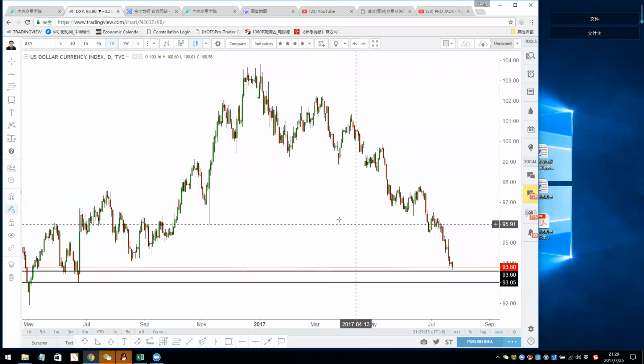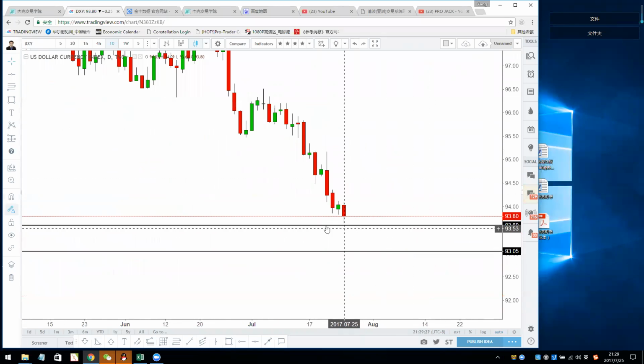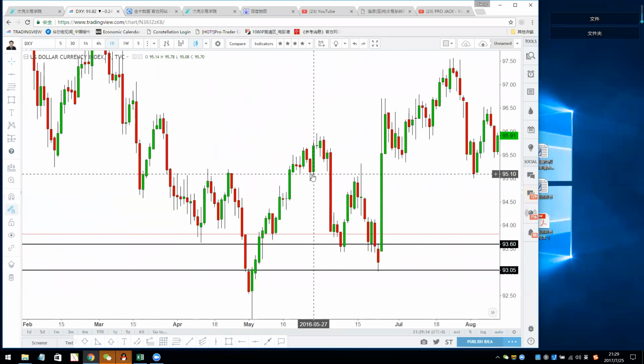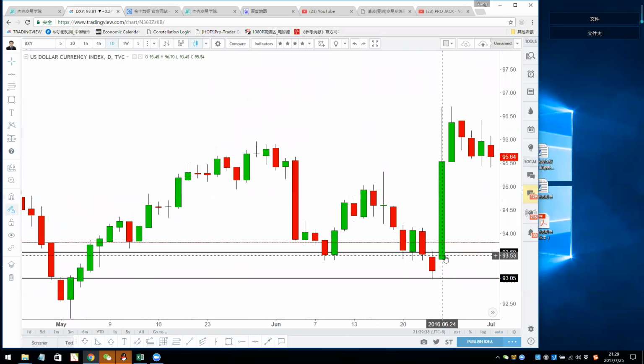So let's start. DXY is approaching the previous support zone, 93.60 to 93.05, because that is the origin of the bullish move last year, June 24th, 2016.